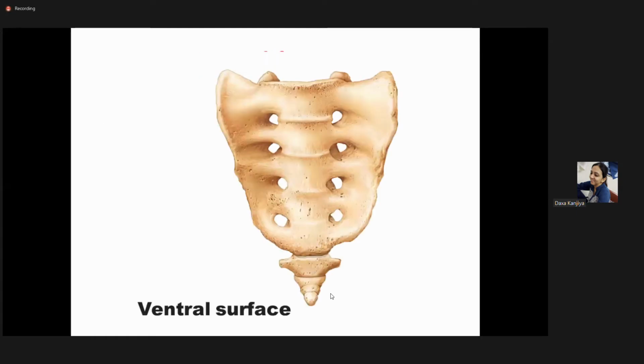So first of all, this is the ventral surface. Now, the base is formed by the upper surface of the first sacral vertebra. This whole one is the base of the sacrum. This is the apex, which lies below, and it articulates with the coccyx.